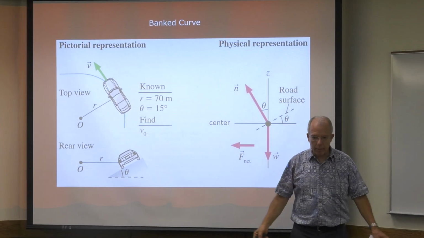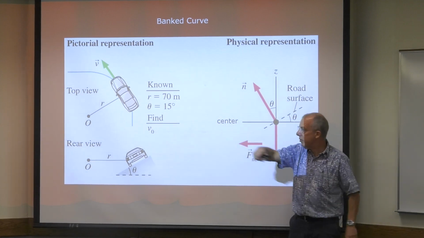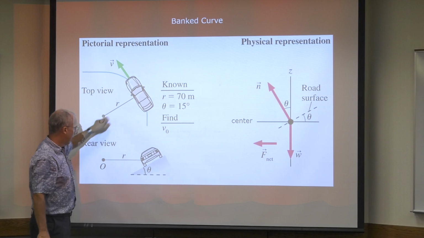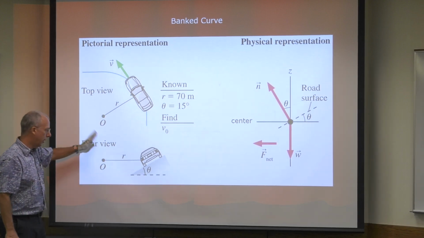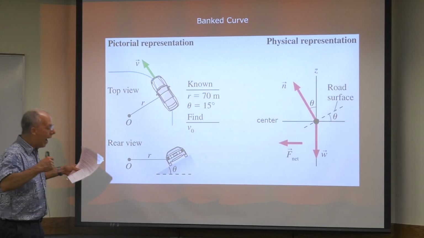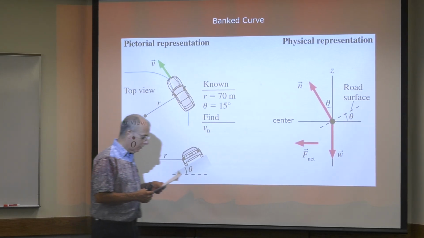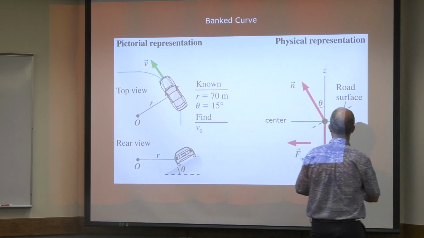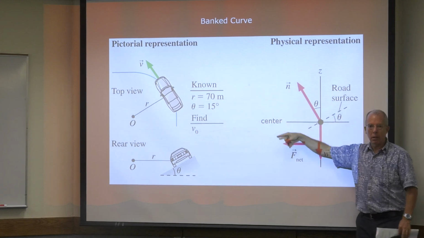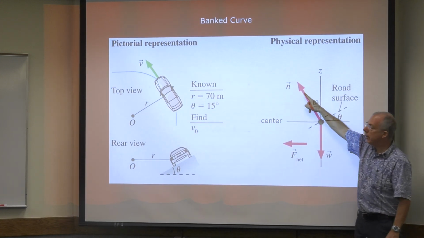So we've been talking about how there has to be a force that points towards the center of the circle. This is the top view, and this is the side view, the rear view. So there's that angle theta. There has to be a centripetal force. What is it? I want a force pointing in that direction. Well, this is not going to help me, is it? But what can I do with this guy?